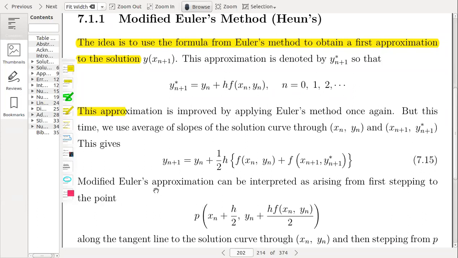So modified Euler's method or modified Euler's approximation can be interpreted as arising from first stepping to the point.